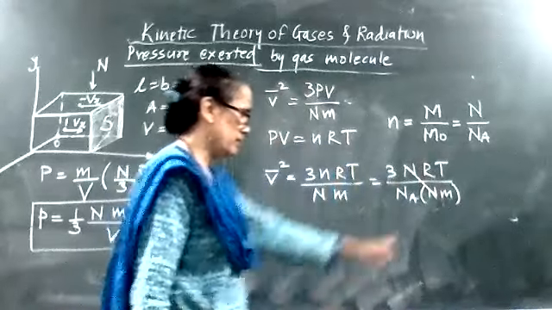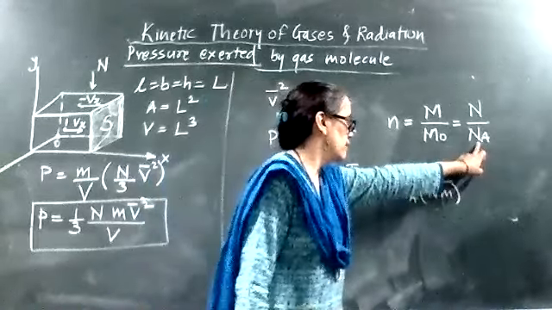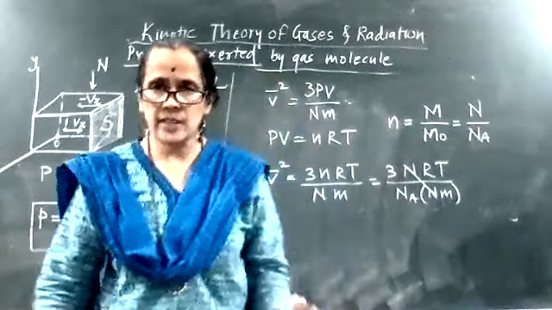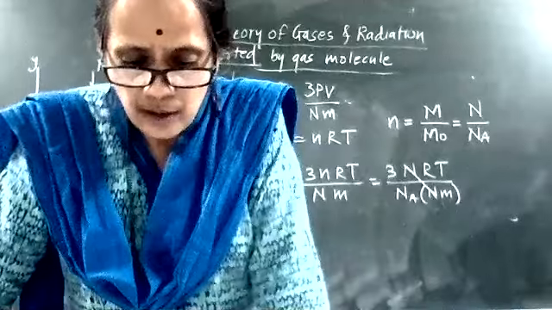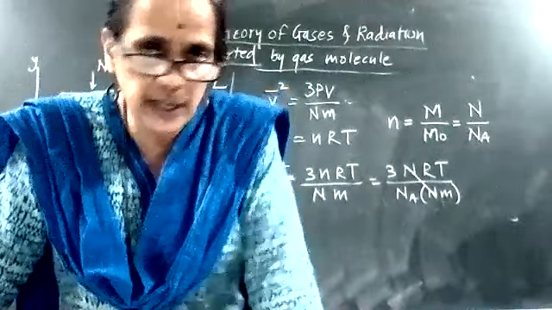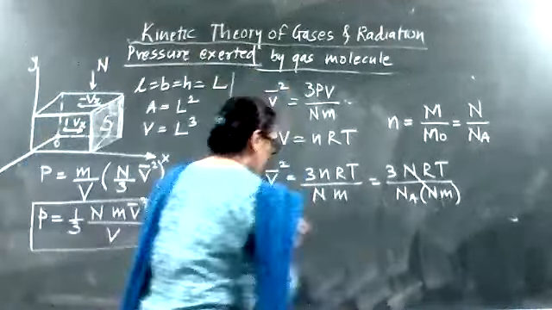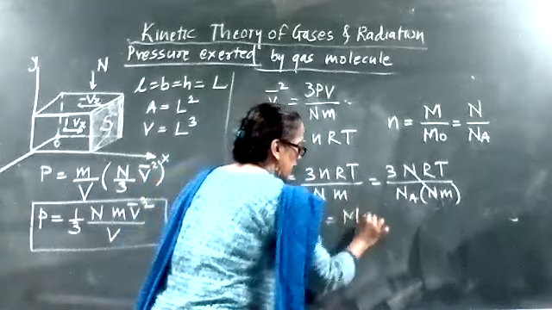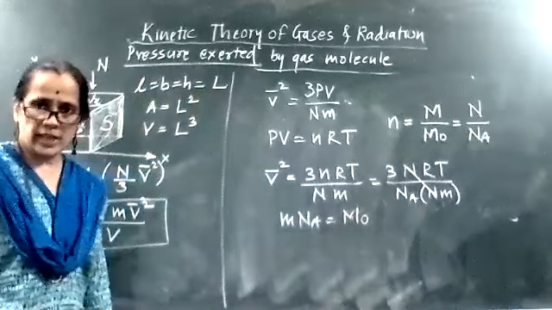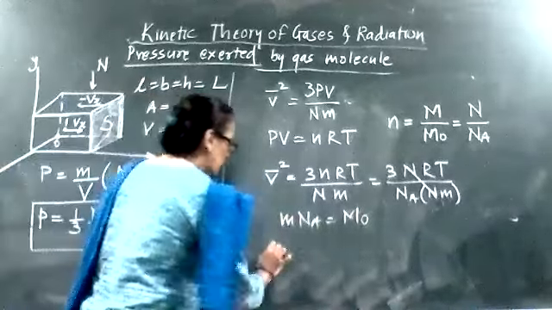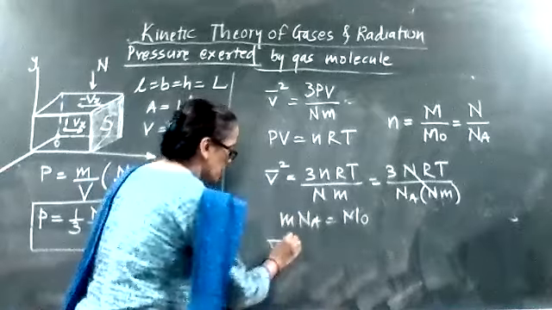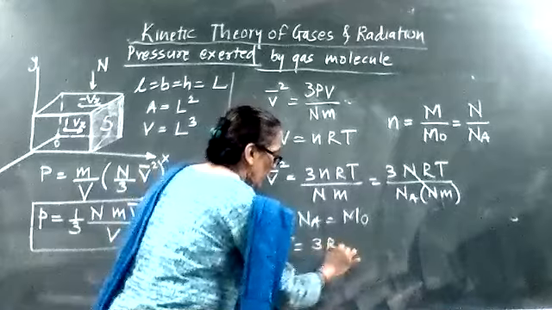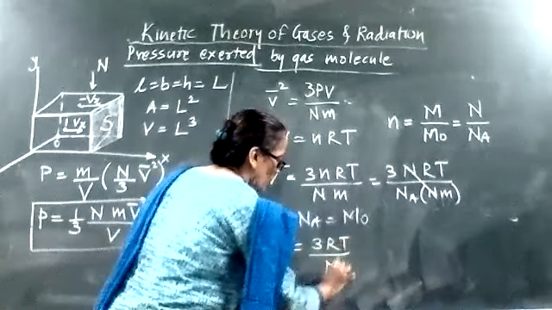What I am getting here is Na into mass, which is the molar mass of the gas. So instead of m into Na, I can substitute the molar mass of the gas, M0. So V bar square is equal to 3RT upon M0.